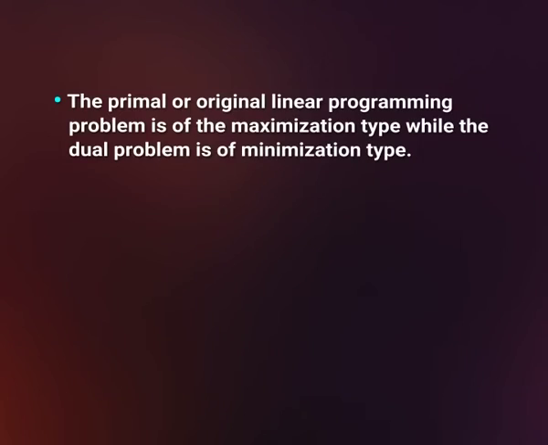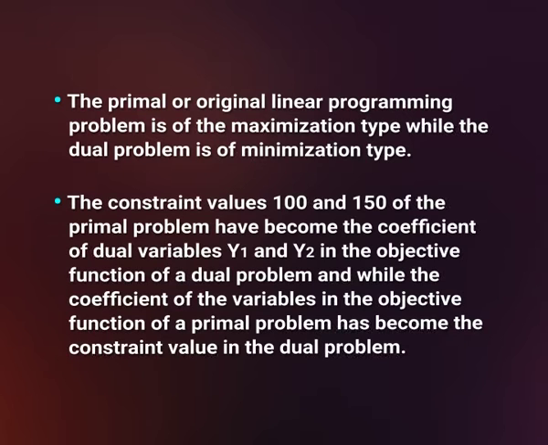While making the dual linear programming problem, the following considerations came into existence. The primal or original linear programming problem is of the maximization type, while the dual program is of the minimization type. The constraint values 100 and 150 of the primal problem have become the coefficients of dual variables y1 and y2 in the objective function of the dual problem.